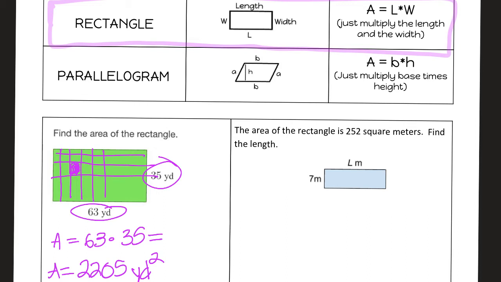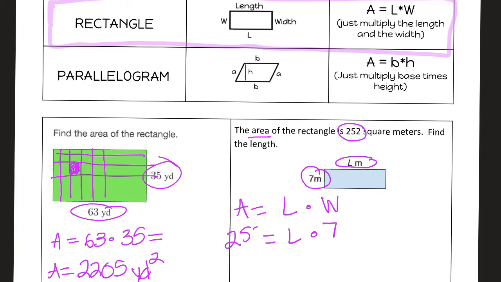What if it gives us the area and we need to find the length? Okay, well, area is the length times the width. I don't know my length, so I'm going to leave it as L. And my width is 7, and it tells me the area is 252. So to solve, I'm going to divide by 7.